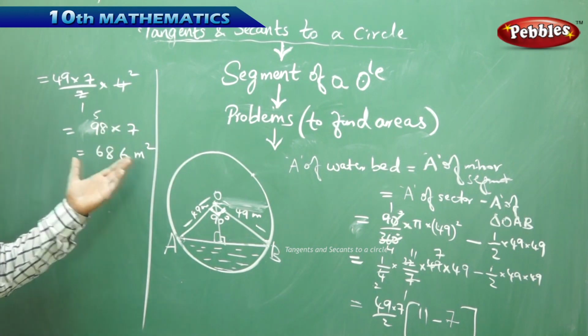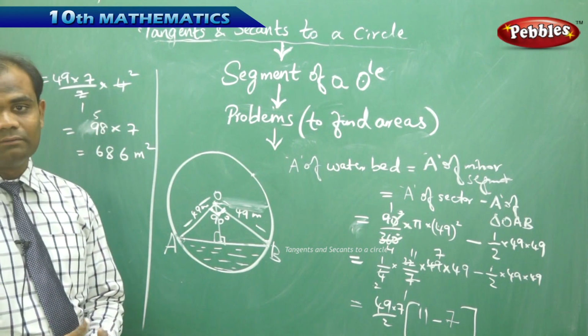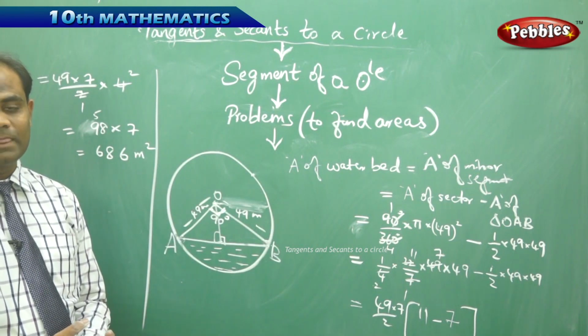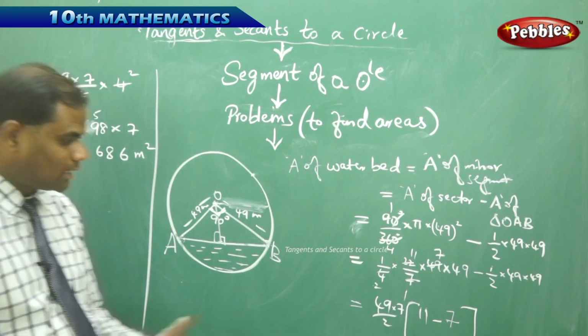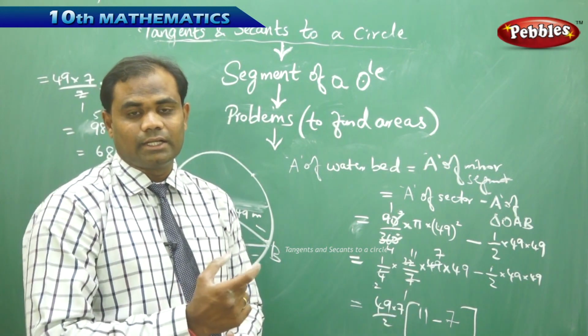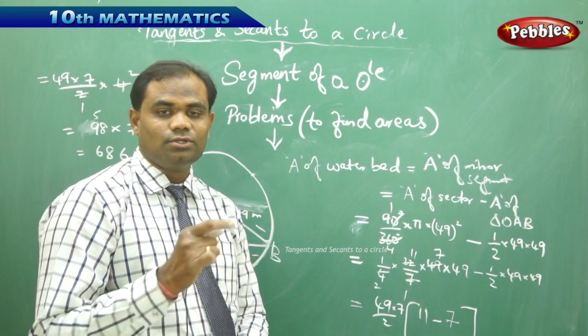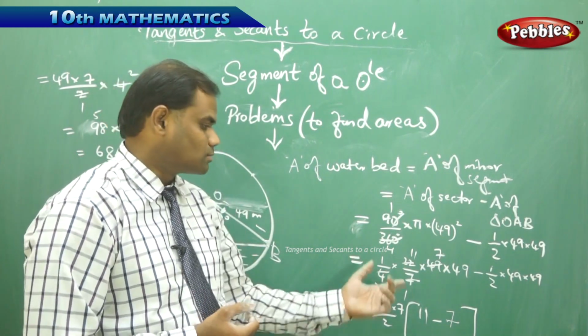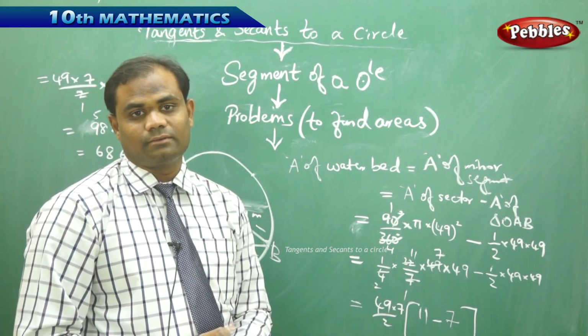So this is the area of the waterbed covered by the entire circular park, is how we understand. Now it is very important to note that I have taken pi as 22 by 7, but note that until and unless the problem says use pi as 3.14 or so on, you have to use pi as 22 over 7.